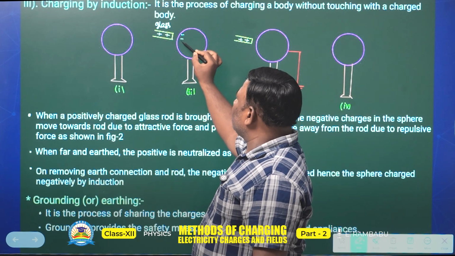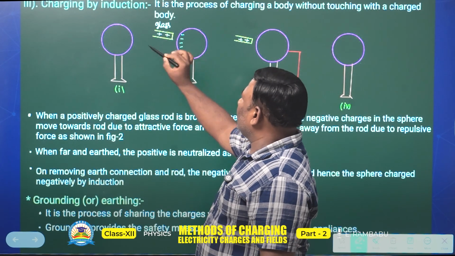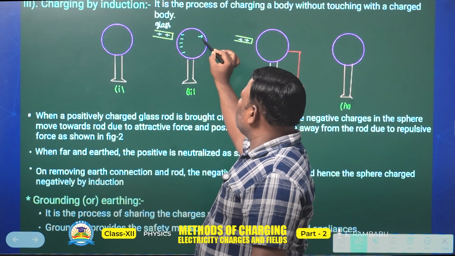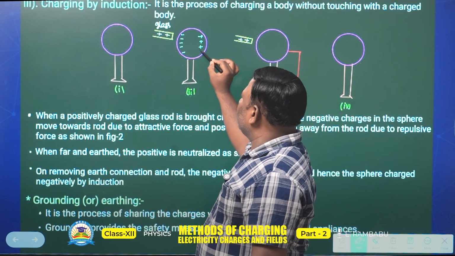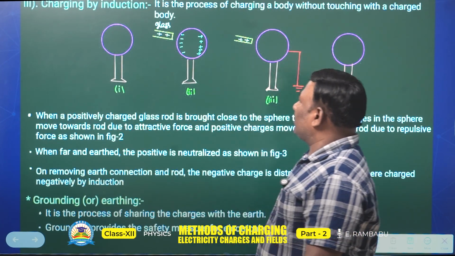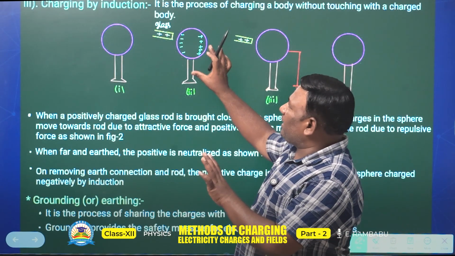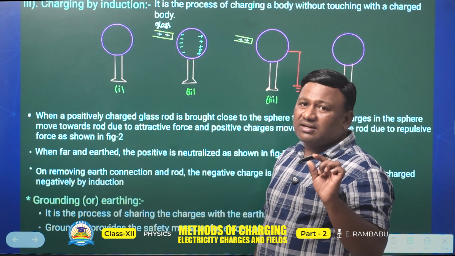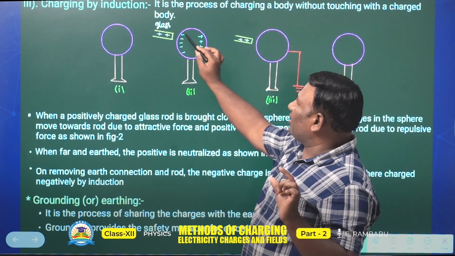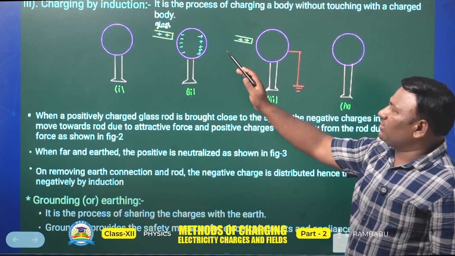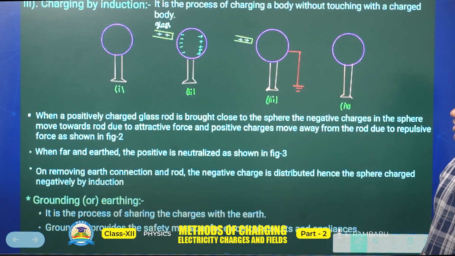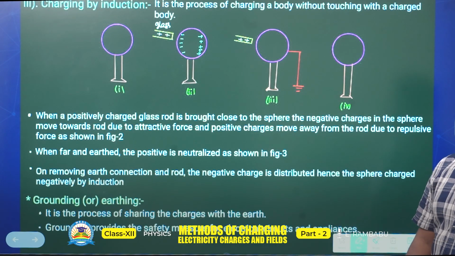All the negative charges are attracted towards the glass rod and all the positive charges are repelled from the glass rod. Correct? So whenever a charged glass rod is taken nearer to a neutral metallic sphere, all the negative charges are attracted towards it and all the positive charges are repelled by it.